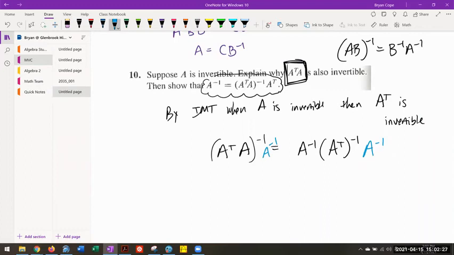What if you put A transpose inverse? If you multiply by A transpose on both sides on the right, then the A transpose is on the right side of the equation. The inverse of A transpose times A transpose becomes the identity.